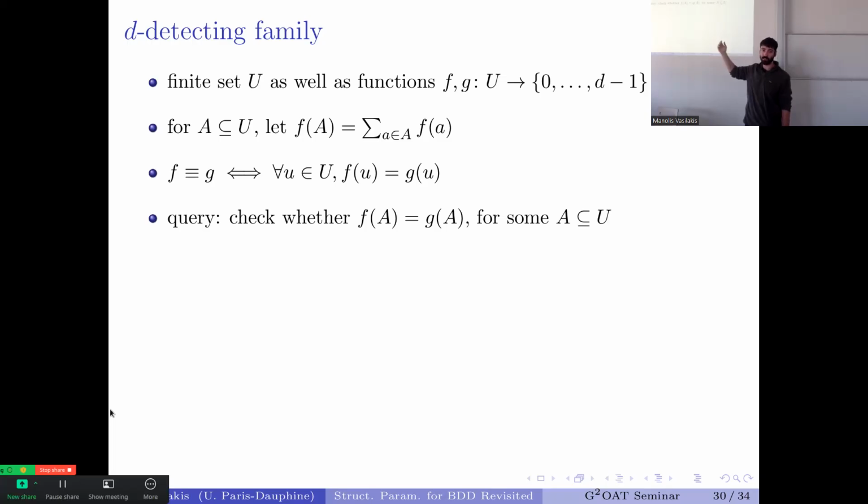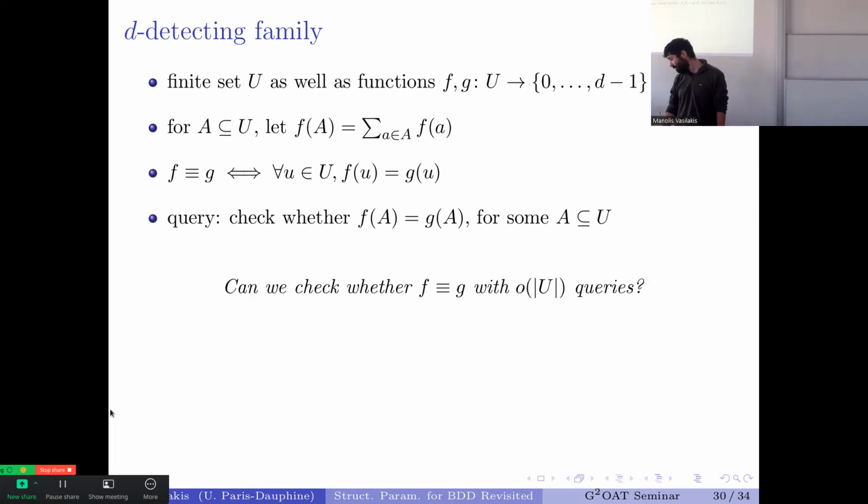Because for every element, we check whether f of our element is equal to g of our element. And if they differ in at least one, then they are not the same function. And the question is, can we do better when we consider also subsets, not just singletons, of our universe? This is essentially what we ask.